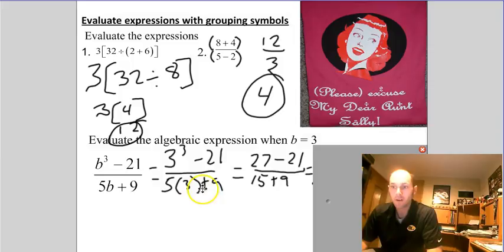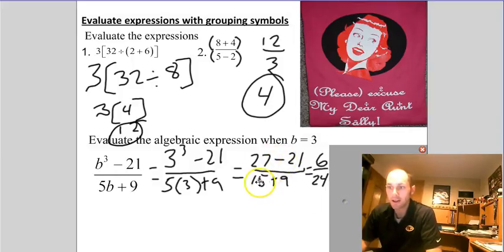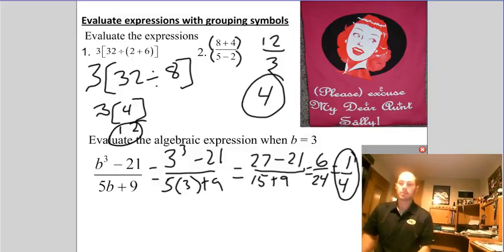On the bottom, we evaluate by multiplying first, so 5 times 3 is 15, plus 9. Simplify the numerator to get 6. Simplify the denominator to get 24. We can simplify 6 over 24 to get 1/4, or 0.25, depends how you wish to write it out.